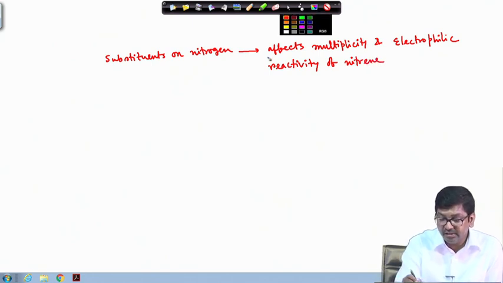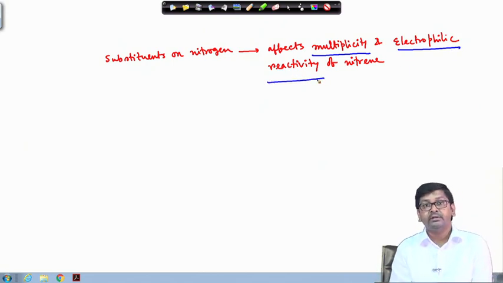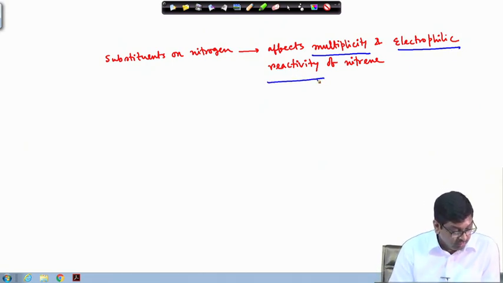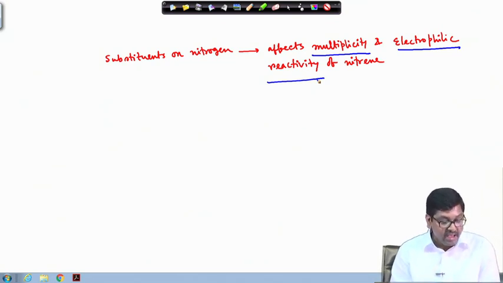So, in general that affects the multiplicity and the electrophilic reactivity. Okay. If we take, as an example, some strong pi donor substituent, which could stabilize the singlet ground state of this nitrene.